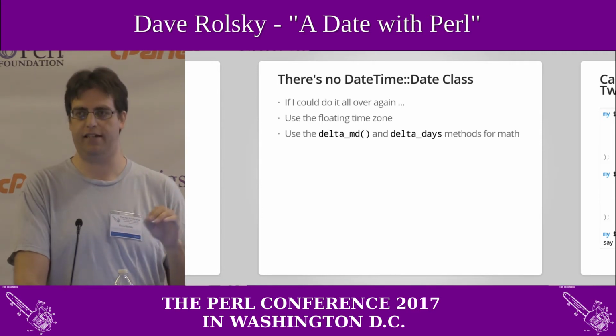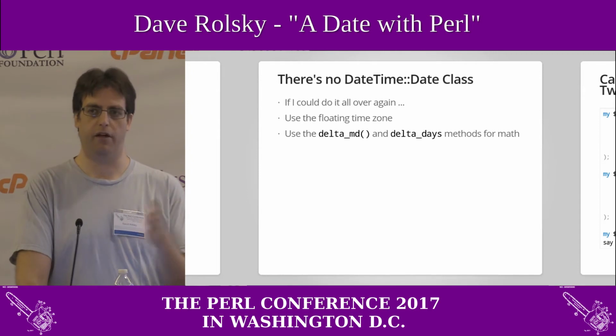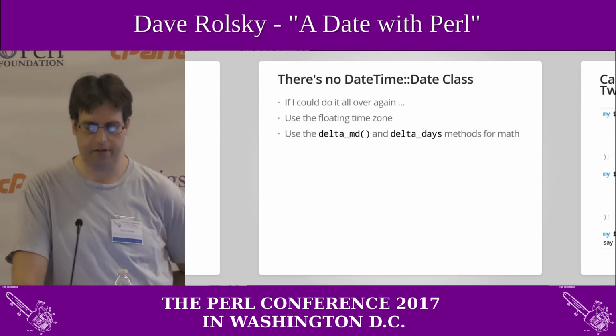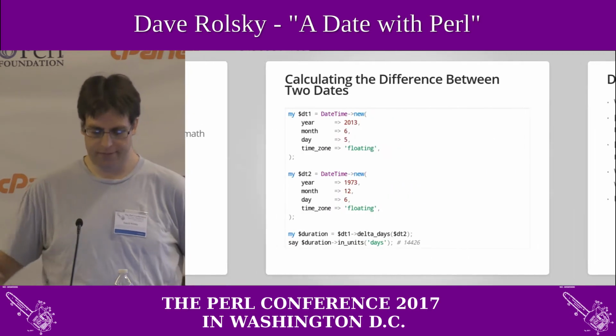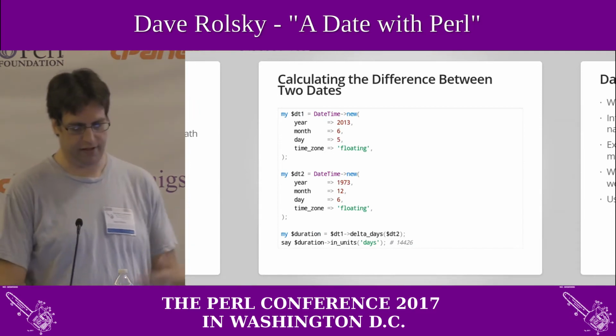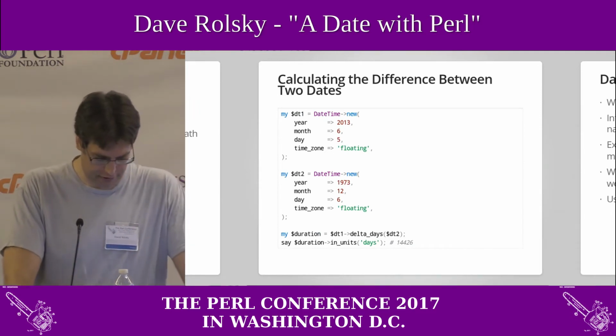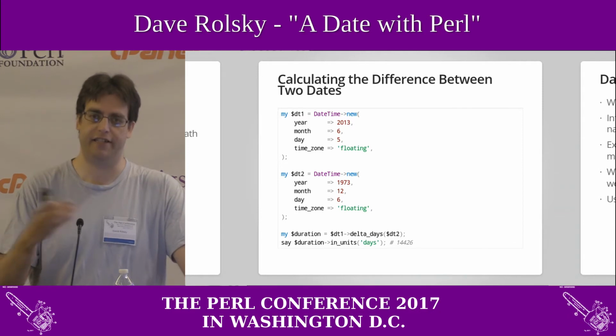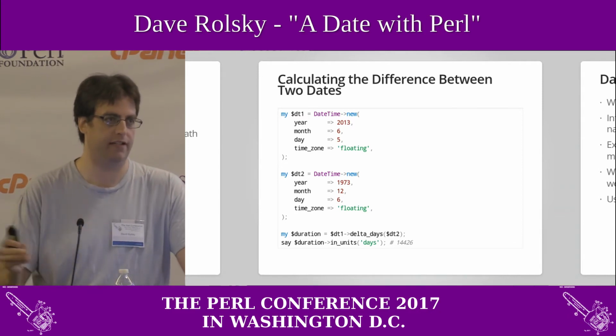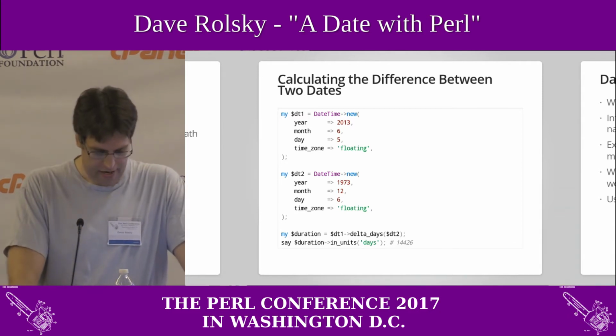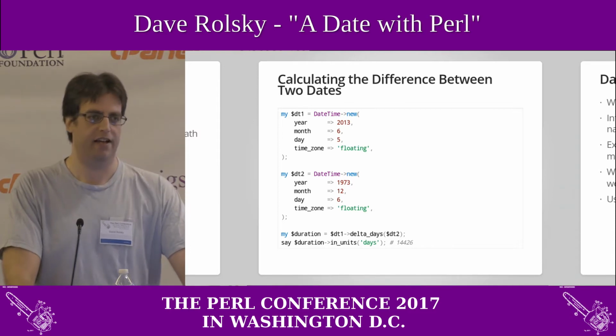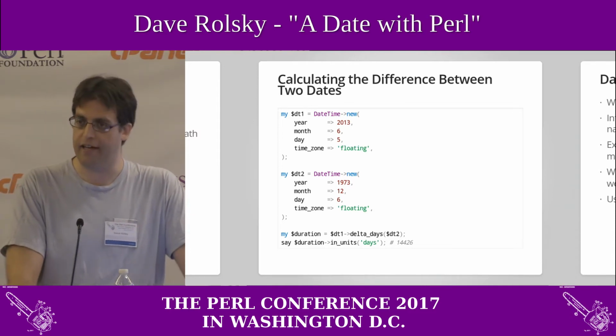There's delta_md and delta_days, which will give you the duration either in months and days or just in days between 2 dates. So you can use it like this. You make 2 datetimes, and you call delta_days. You get a DateTime::Duration back. That's part of the DateTime distribution. And then you ask for the days. And I'll explain this in_units thing in a second.